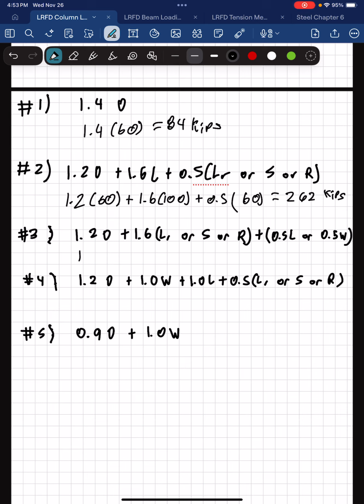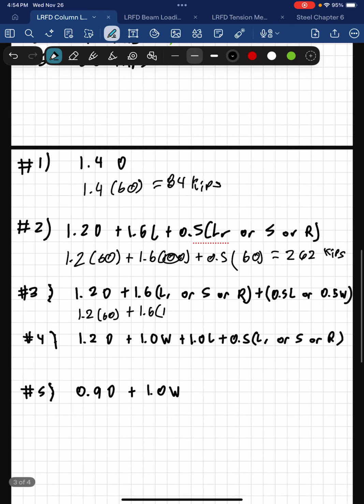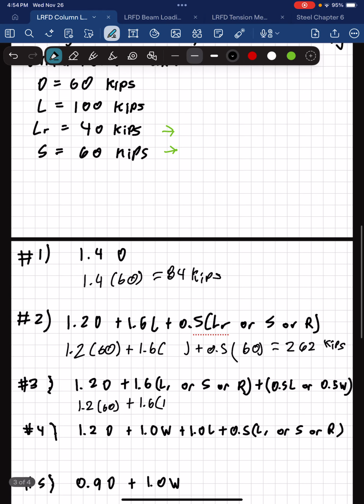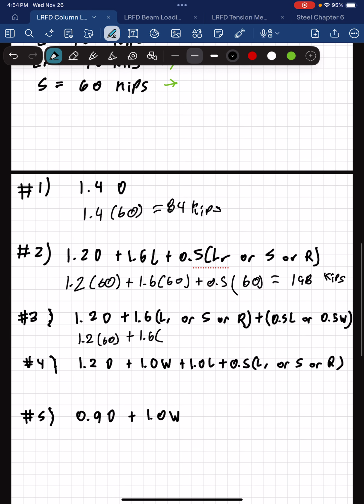Load combination 3. Similar equation, but not exactly the same. Plus 1.6 times, we have to again look at our controlling load, which is going to be, I apologize, this number is wrong. This was 60 kips, which means 1.2 times 60 plus 1.6 times 60 plus 0.5 times 60 is 198. Sorry for that. So this here is 60 again because 60 is the snow load and that's going to control the situation.